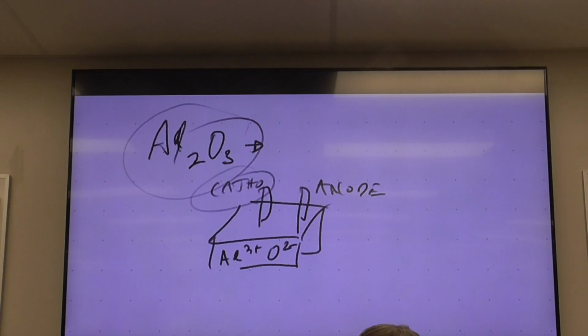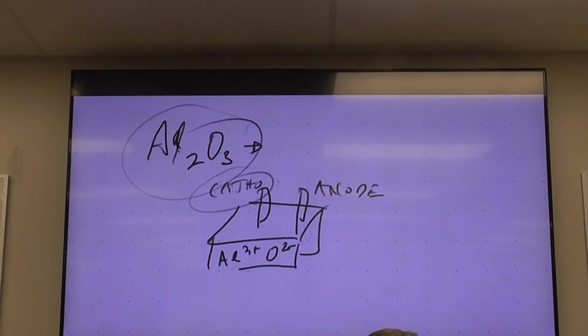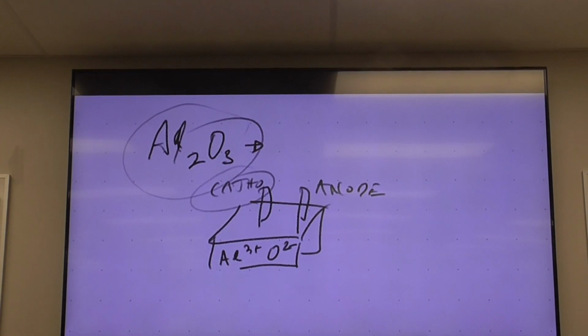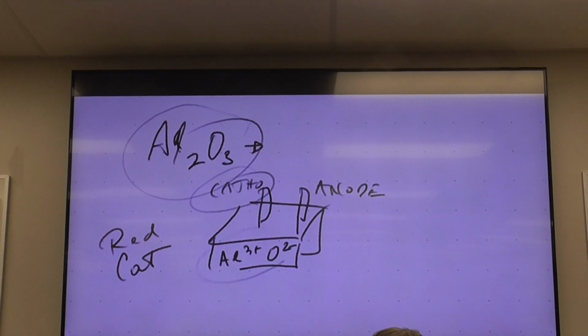So, it's the same story. What's gonna happen at the cathode? Reduction or oxidation? Reduction. Here's the question: which one of these is going to get reduced? The aluminum cation or the oxygen?